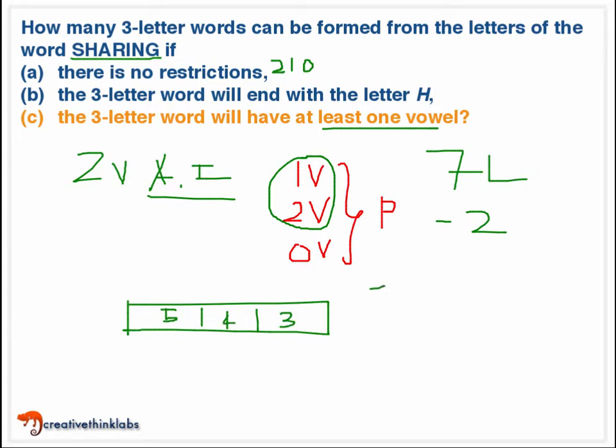This is basically the same as 5 permute 3, which will give me this answer. Then I can take this answer away from 210, and I will get the answer that I'm looking for, which I leave up to you to do. Now let's move on to the next question.